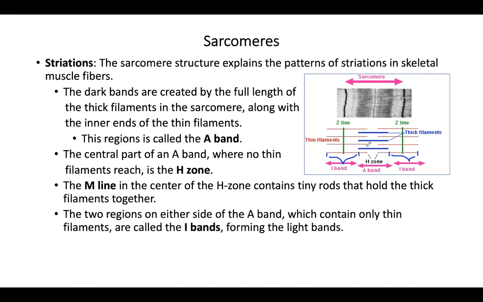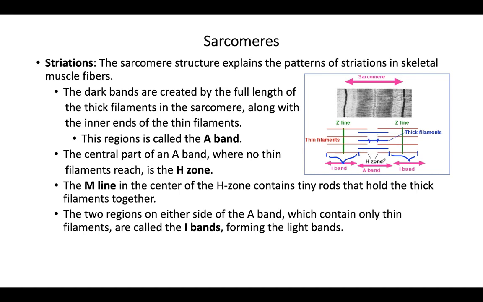When you look at A band, in the central part of A band, there is no thin filament region. So A band also overlaps with thin filament here and here, but do not include that region, and then only thick filament, this and this region.